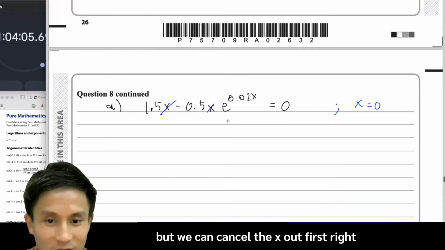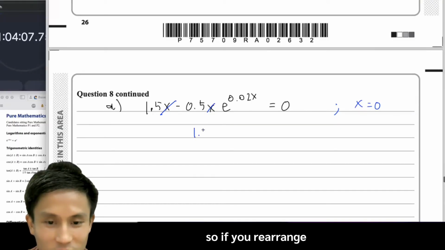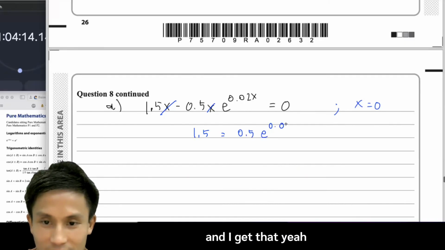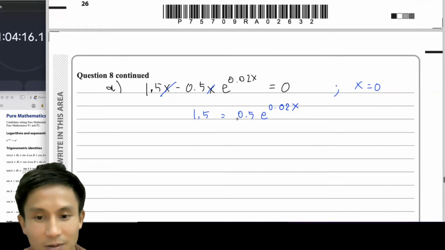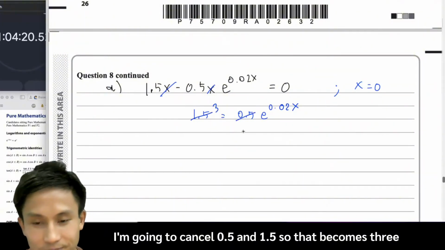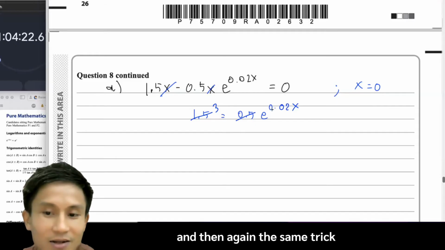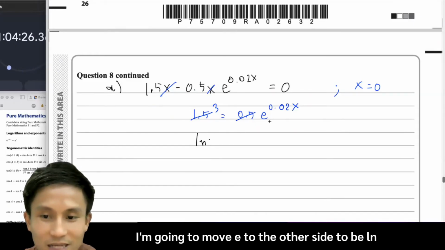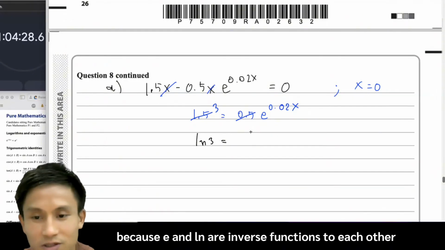But we can cancel the x out first, right? So if you rearrange, I'm going to make the exponential term go to the right, and I get that. I'm going to cancel 0.5 and 1.5, so that becomes 3. And then, again, the same trick, I'm going to move e to the other side to be ln, because e and ln are inverse functions of each other.